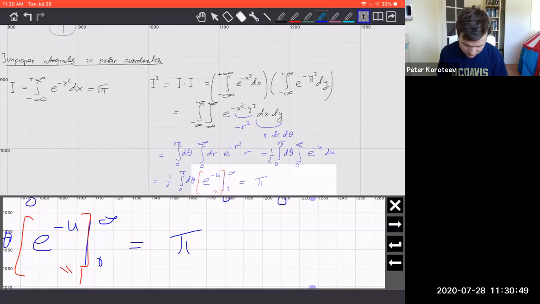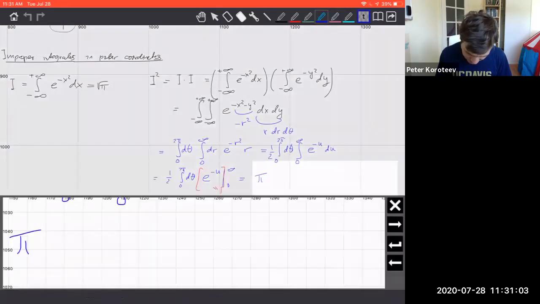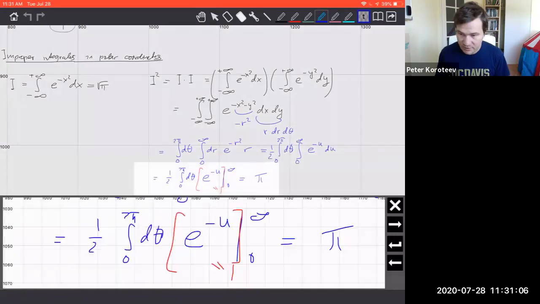So yeah, you have pi units of salami or cheese or Italian sausage to put on your infinite pizza. Oh, the 1/2 got cancelled, because the integral over theta goes from 0 to 2 pi, so you have 2 pi multiplied by 1/2.